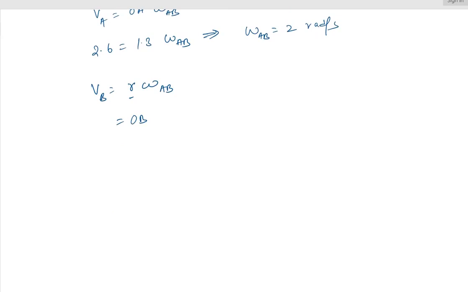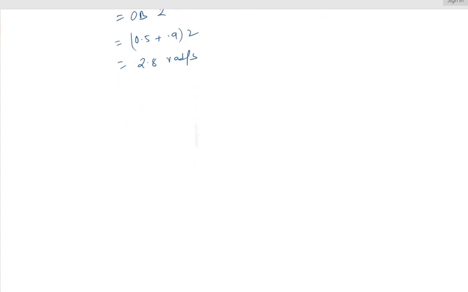OB is 0.5 plus 0.9, times omega AB which is 2, so that's 2.8 radians per second.